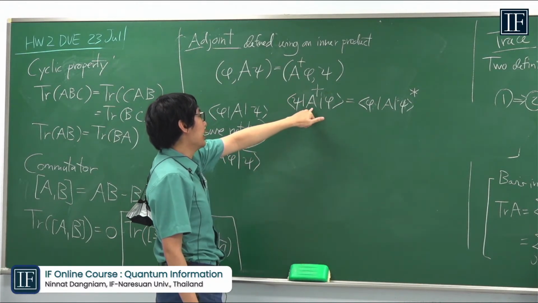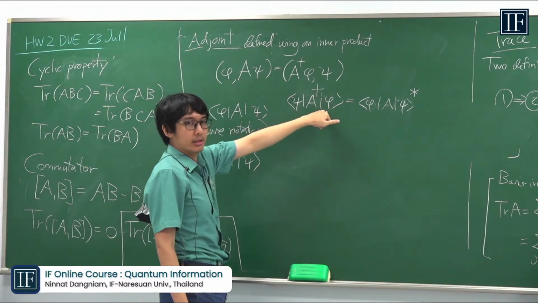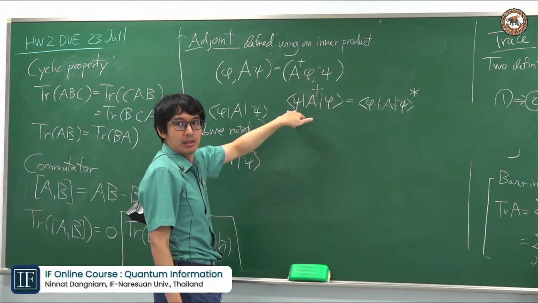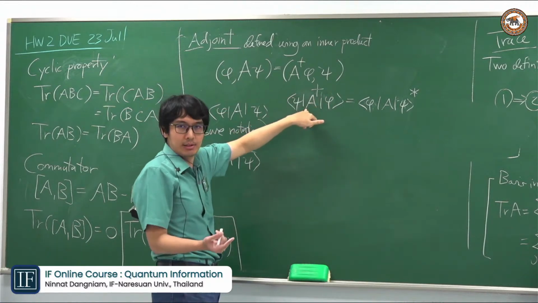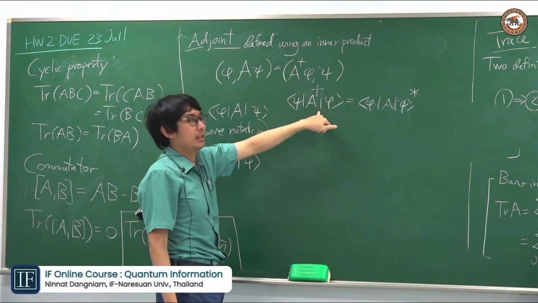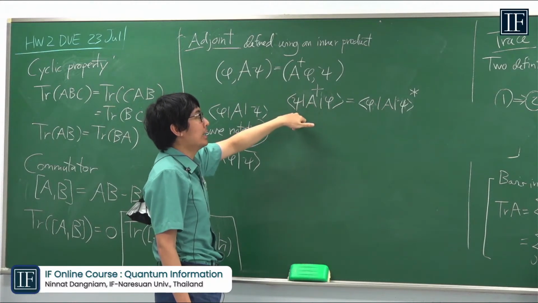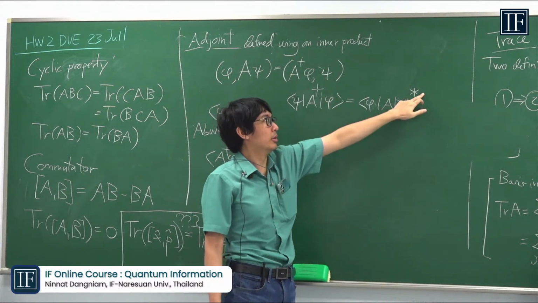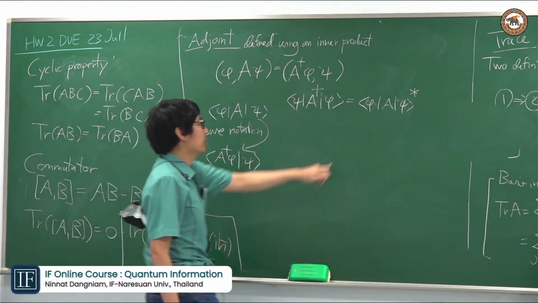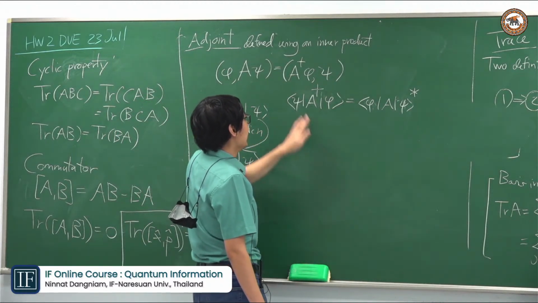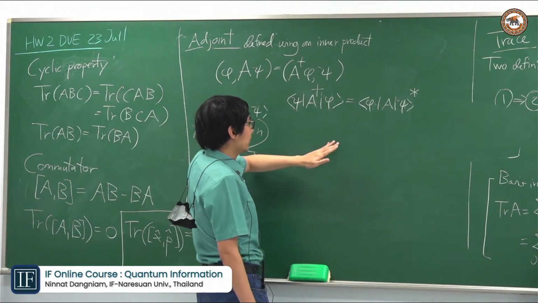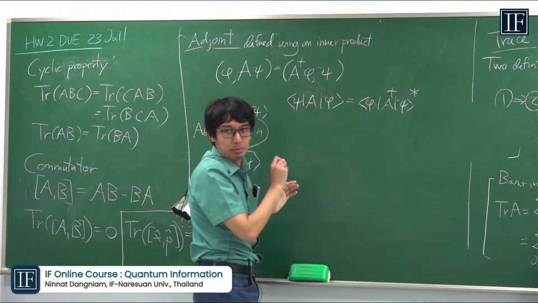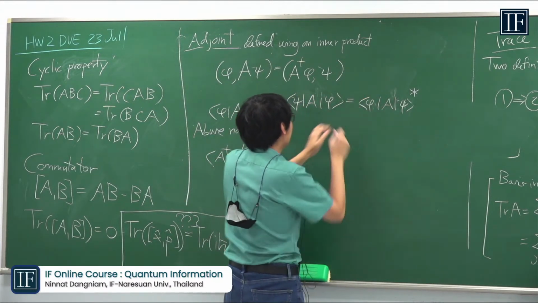This is saying that if I have A dagger acting on psi, and now I want to switch to some operator acting on phi, then I flip it using the complex symmetry of the inner product. We can show formally that it doesn't matter which way I put it, right? But yeah, let's show that.